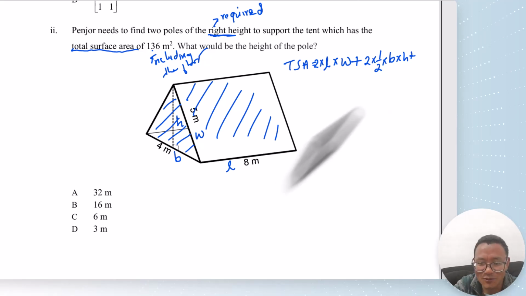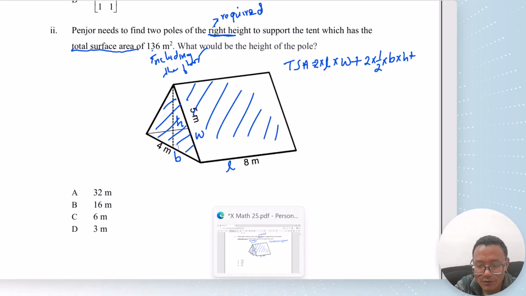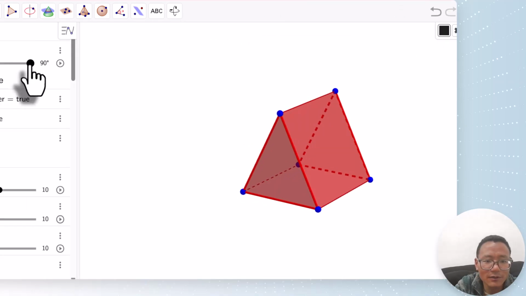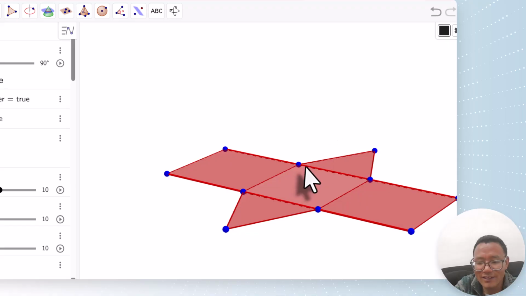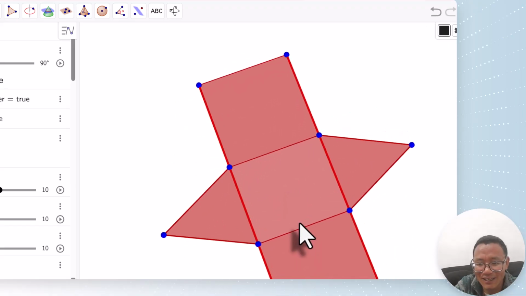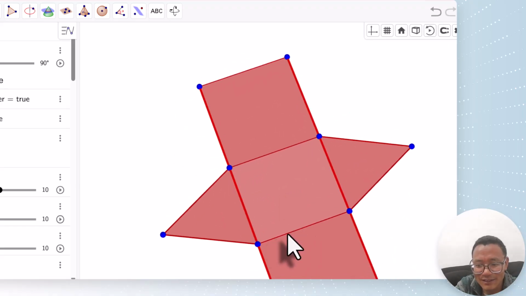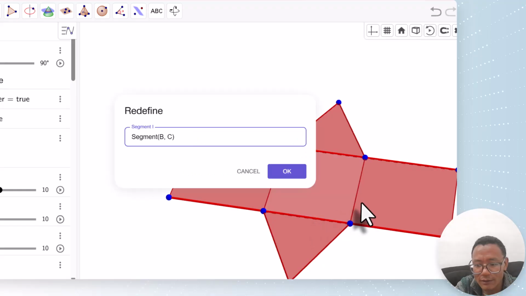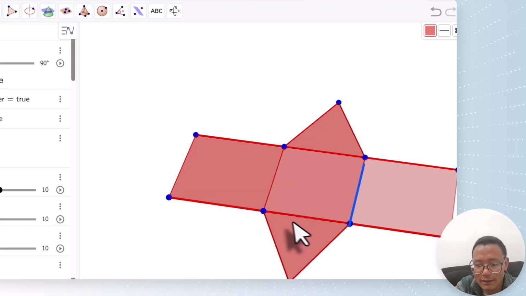The floor is a rectangle. This side is length, this side is the floor's rectangle.